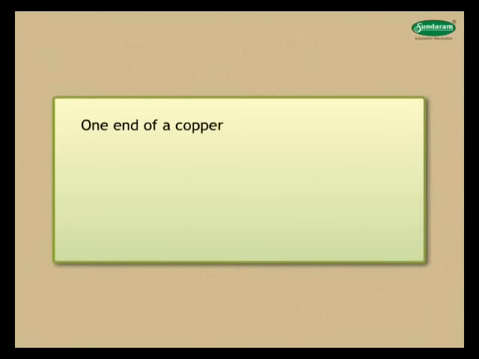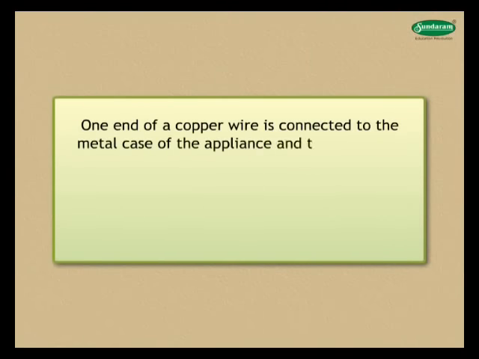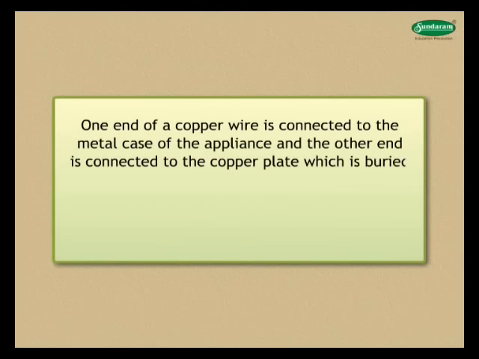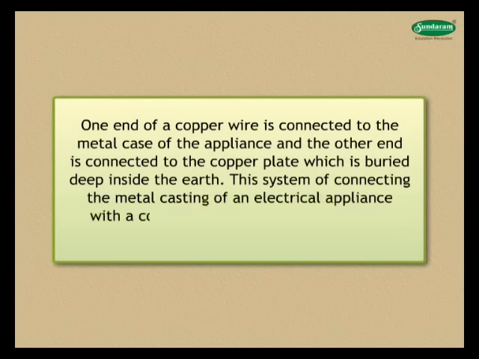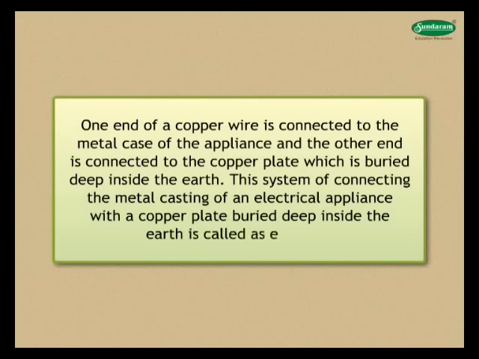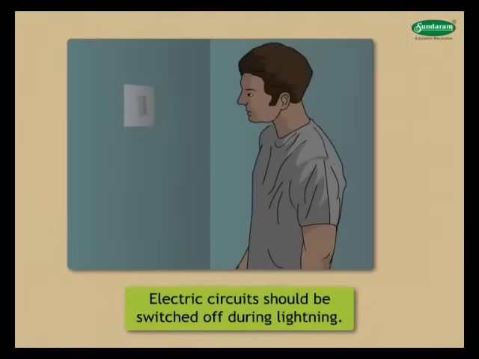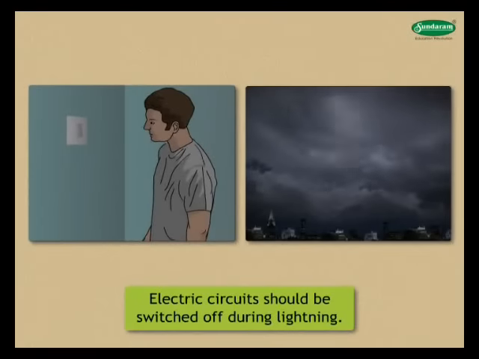One end of a copper wire is connected to the metal case of the appliance and the other end is connected to a copper plate which is buried deep inside the earth. This system of connecting the metal casing of an electrical appliance with a copper plate buried deep inside the earth is called earthing. Electric circuits should be switched off during lightning.